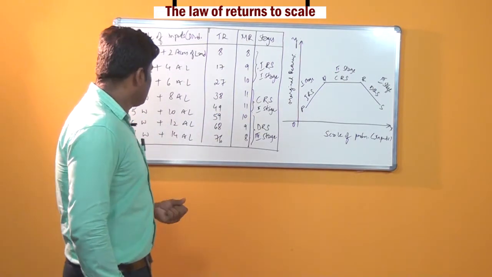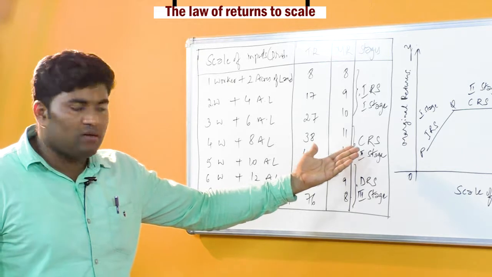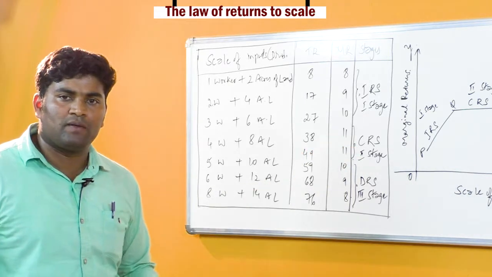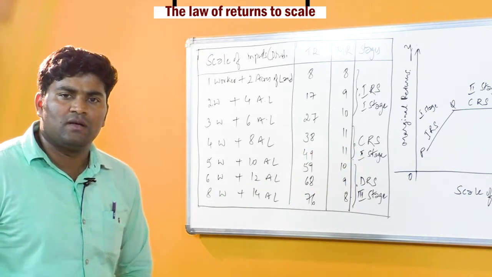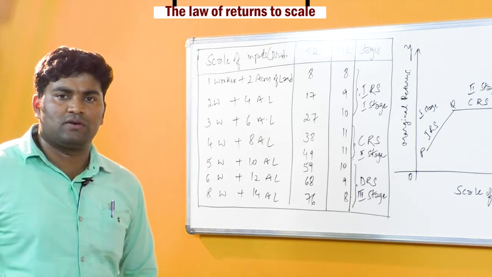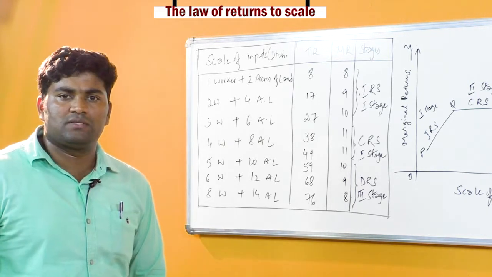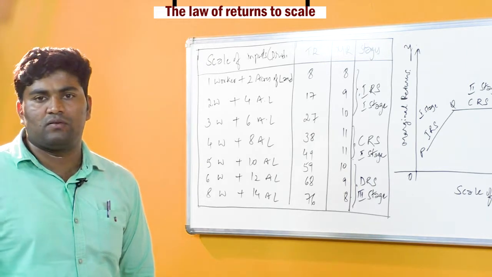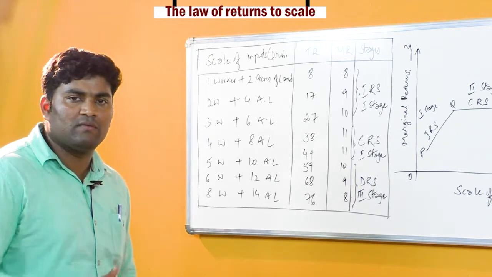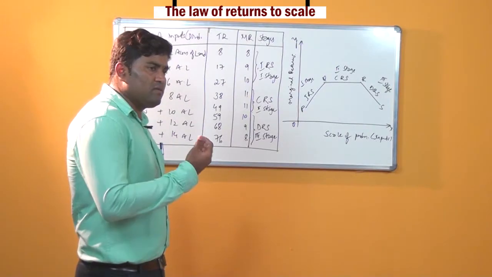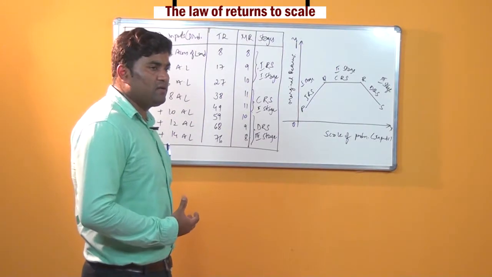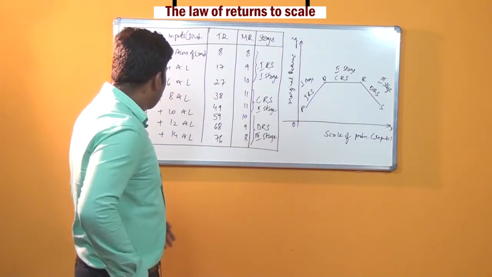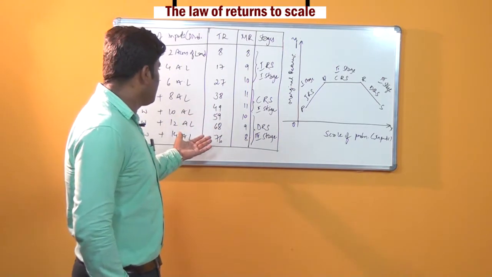In the second stage, that is constant returns to scale, as the firm keeps on increasing the same factor inputs on the same plot of land or a different plot of land, the output it yields will rise at a constant rate.